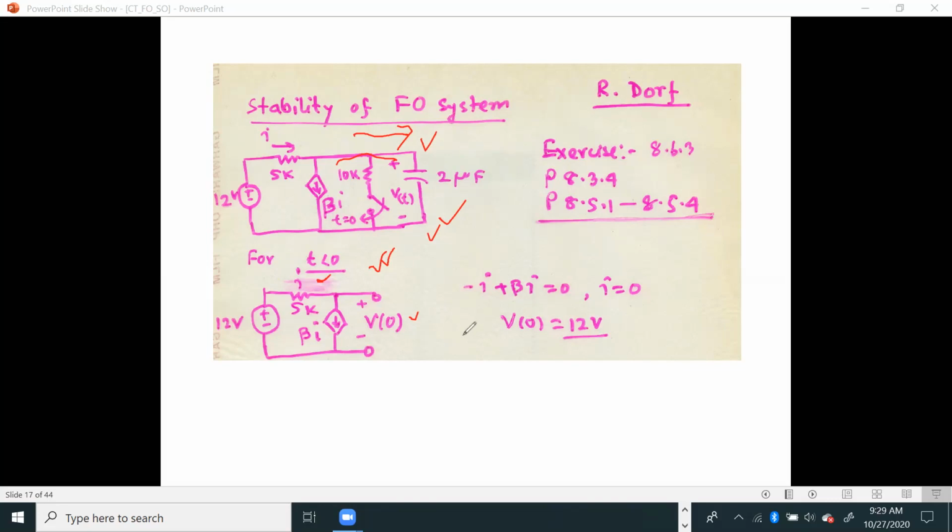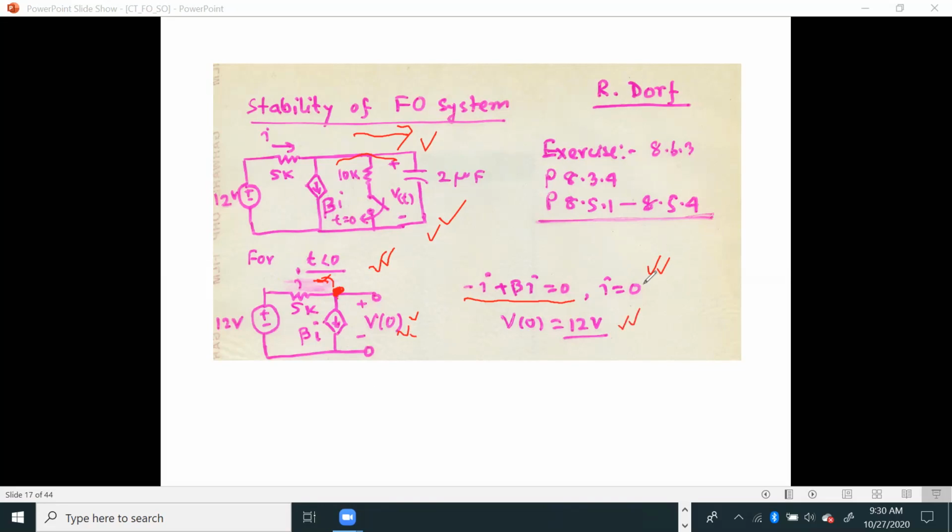So you can see that your current I is flowing in this direction. If we apply Kirchhoff's current law at this node, the current entering the node will be equal to the current leaving the node. This will result in your I also being 0. If your I is 0, these two terminals behave like an open circuit. So your V0 would be equal to 12 volts.